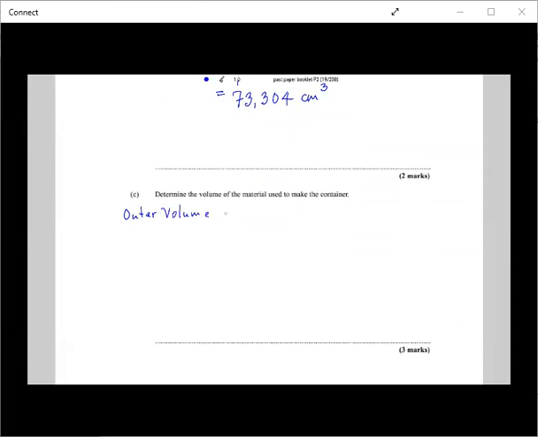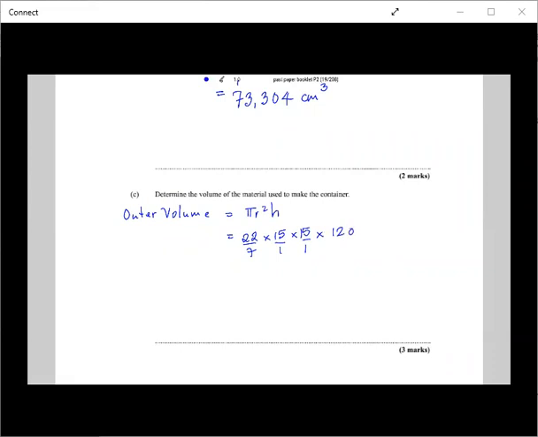The outer volume is pi r squared h, because the outer shape is still a cylinder. This is 22 over 7 times 15 times 15 times 120. The outer radius is 15, and the outer height is 120.